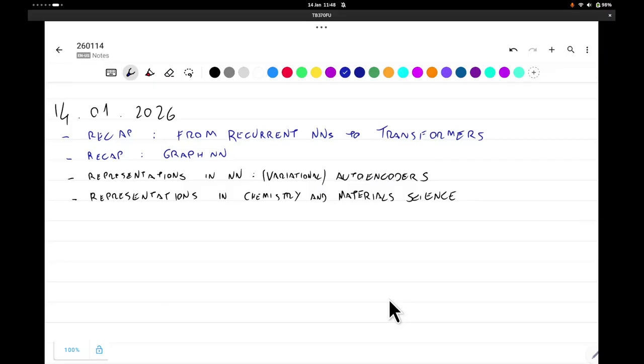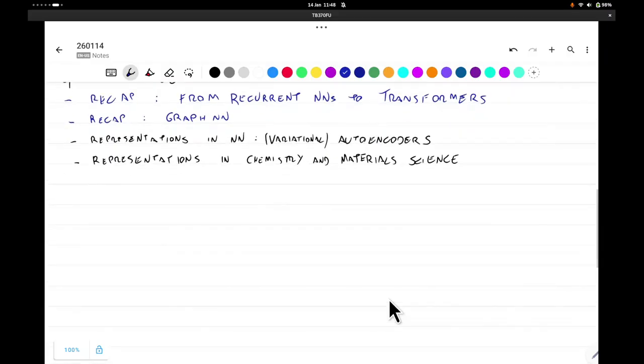I don't go deep into generative AI. And then I'll start with an overview of the representation that we actually use in chemistry and material science.